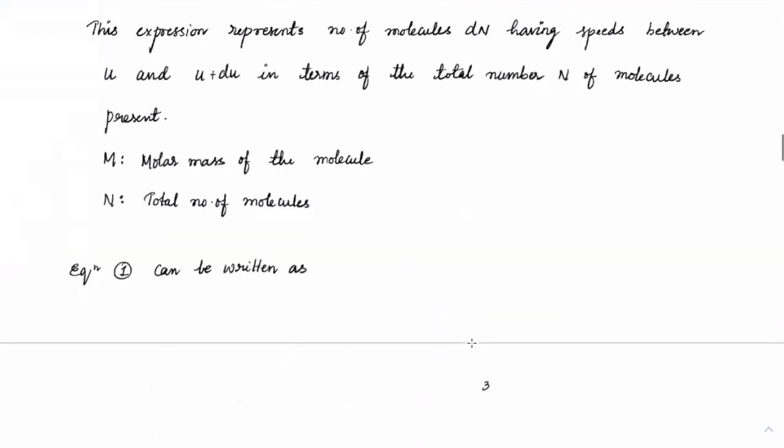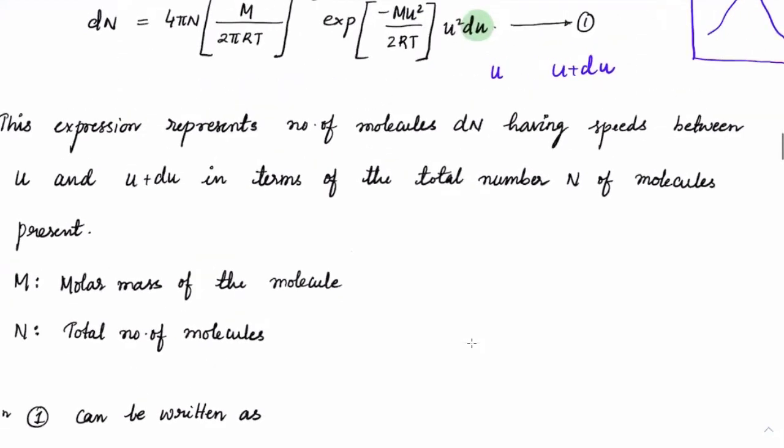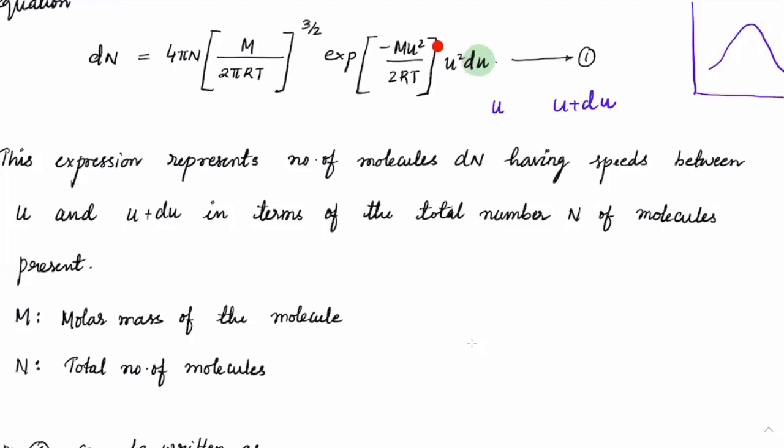Now, this term can also be written in various formats. In the same equation, there are two functions present: one is an exponentially decreasing function, the other one is u square. The rest are all constants. What does this u square represent? A parabolic function, and the exponentially decreasing function is also present with it.